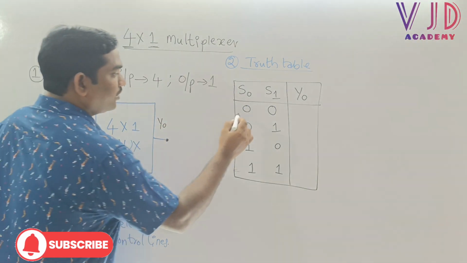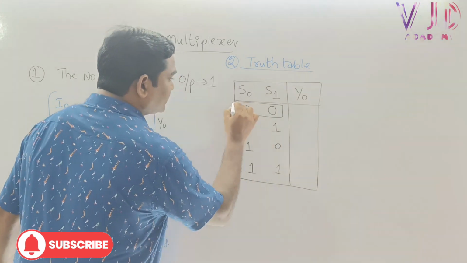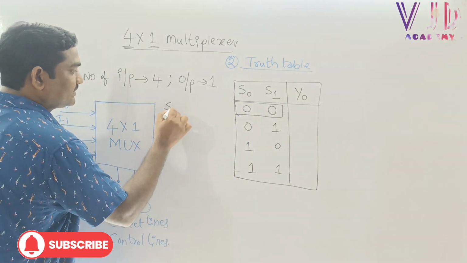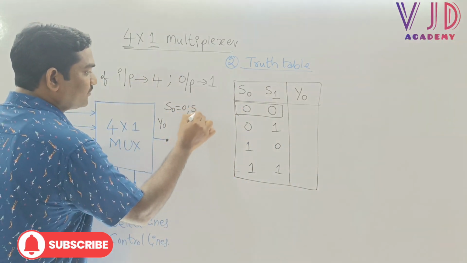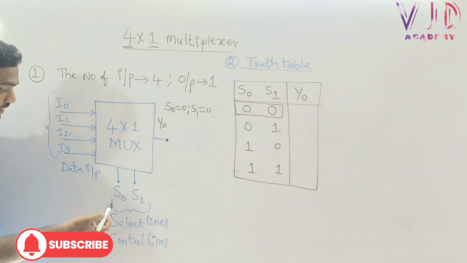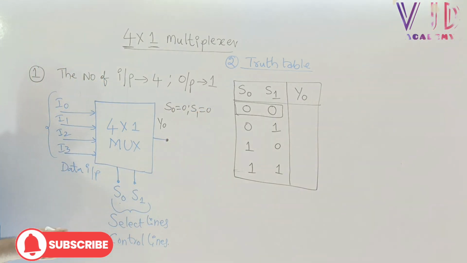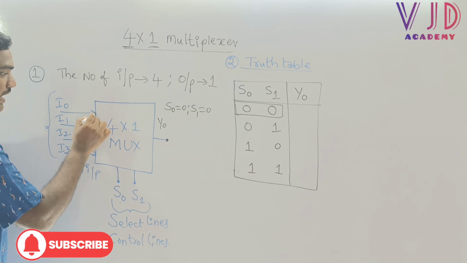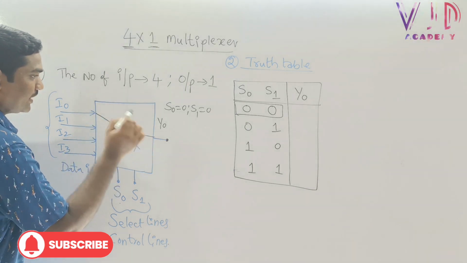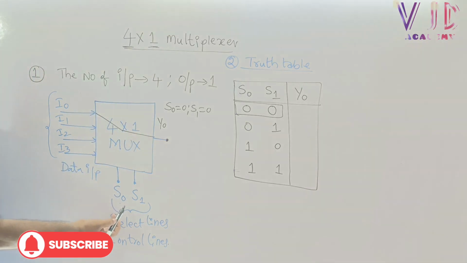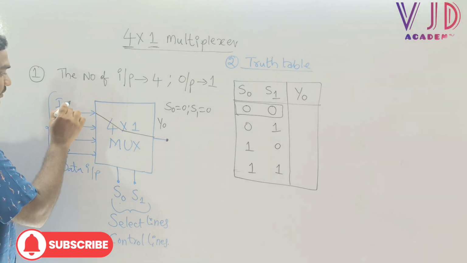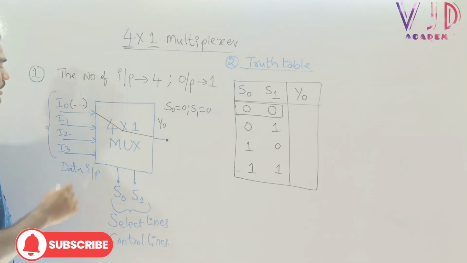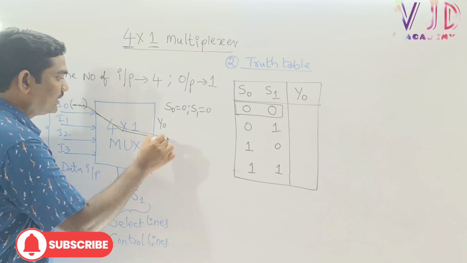When I apply 0 0, which means S0 equal to 0 and S1 equal to 0, automatically I0 will be connected to Y0, so whatever data is present in I0 will go directly to Y0.